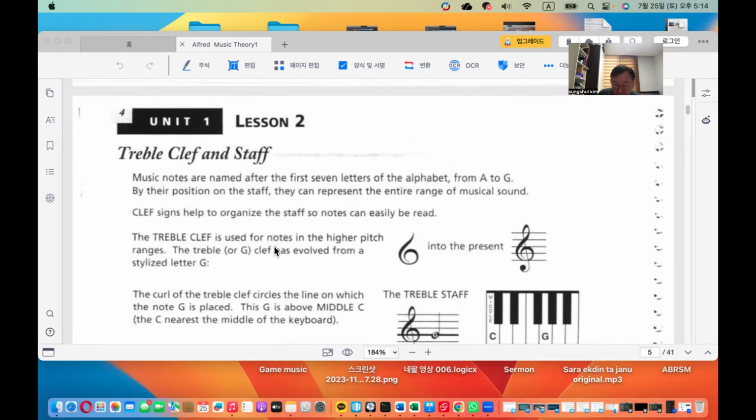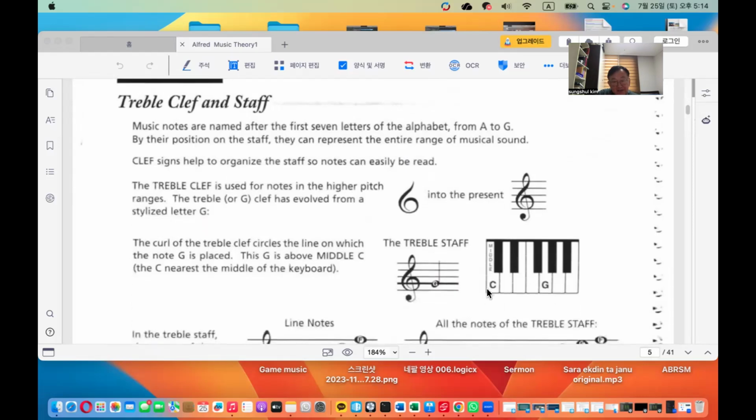If you look at the piano keyboard, the first time you don't know how to play. But why? Which one is the standard? You need to understand middle C. Middle standard is C.